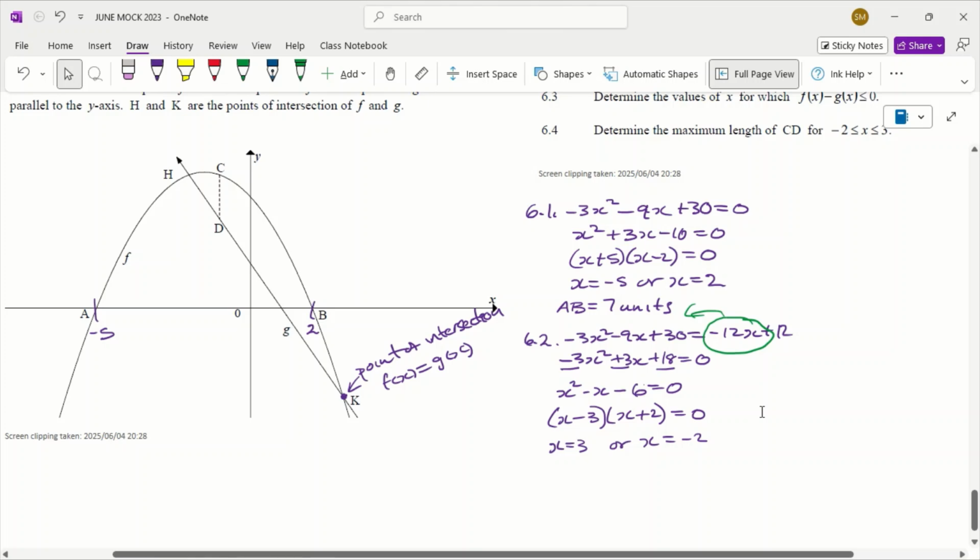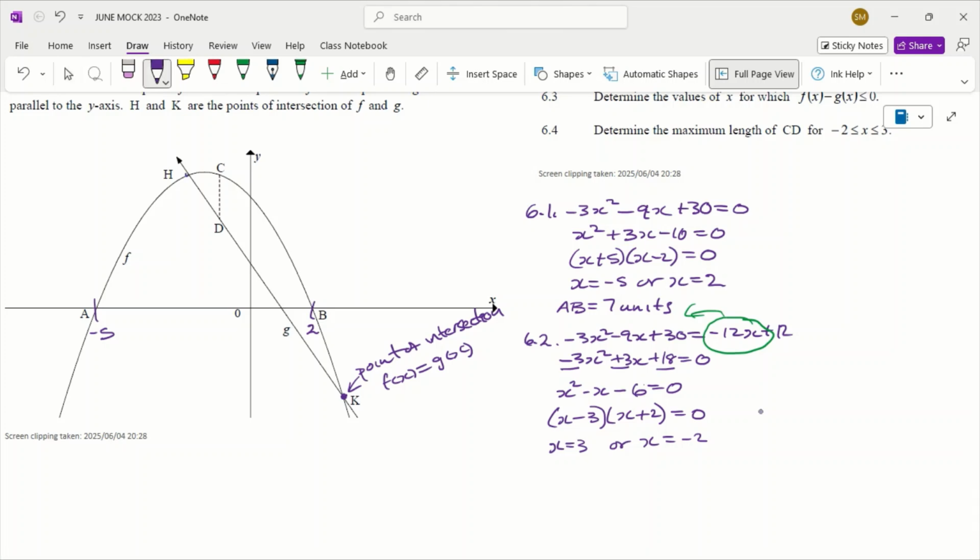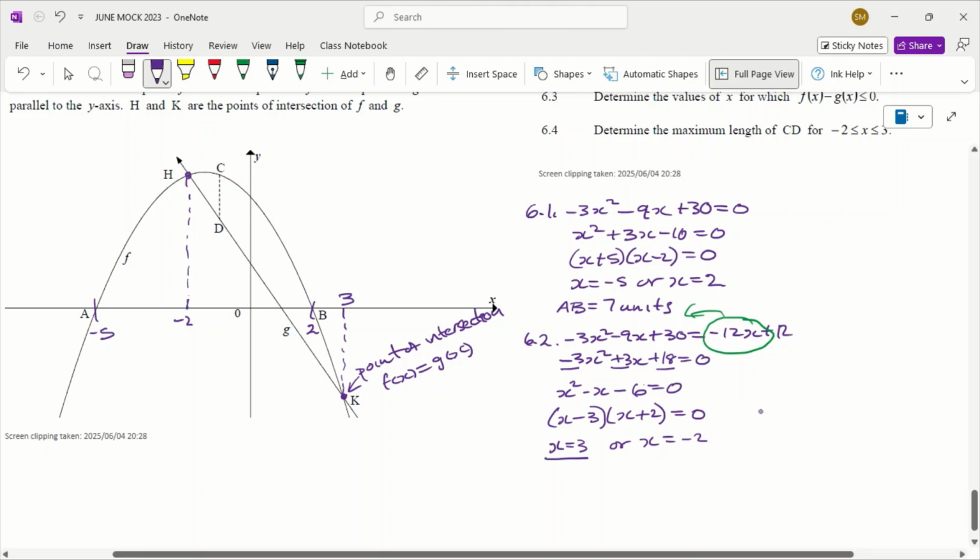So meaning that now we'll have a y value of negative 24. So the point K has the x value of 3 and the y value of negative 24. So very simple here. Then we go to 6.4.